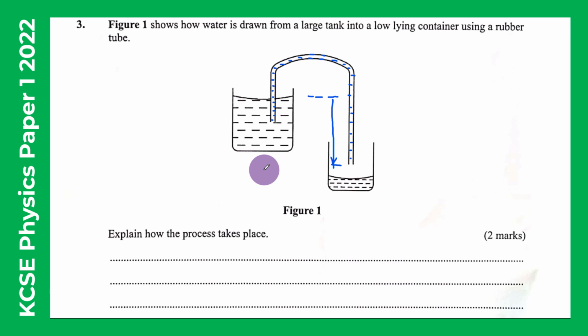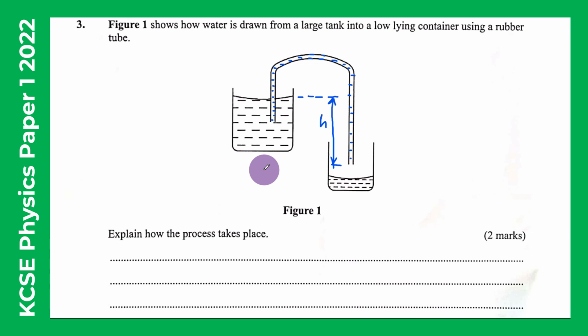Must be lower, at least that one has to be mentioned. There has to be this height here in such a way that the open end is lower than the surface of the liquid in the larger container. The open end of the tube must be lower than the surface of water in the larger container, or in the container from which we are transferring water.